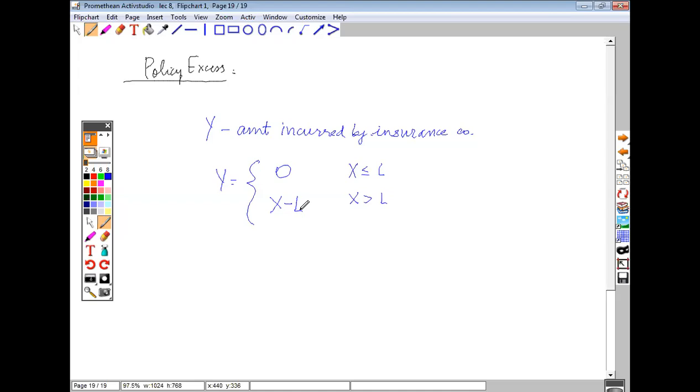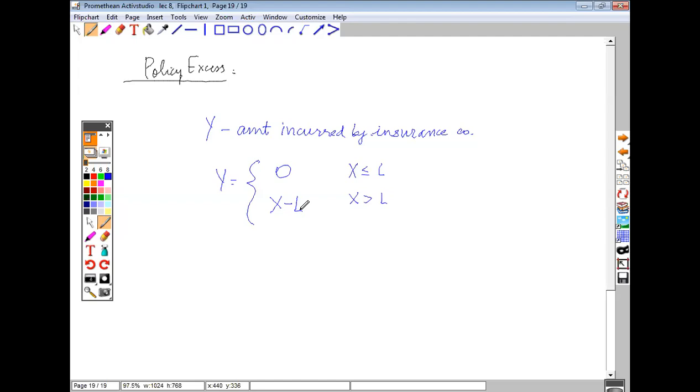But in the policy excess scenario, the insurance company is paying only the leftover part after L. It is a matter of how you write and define your policies.